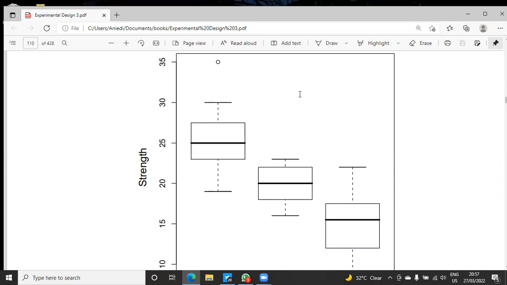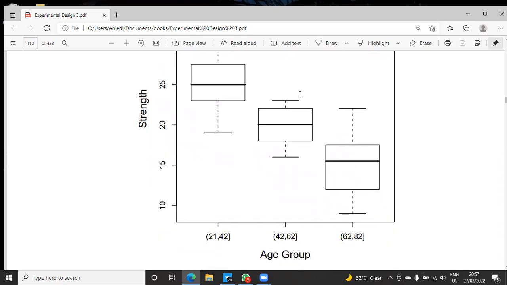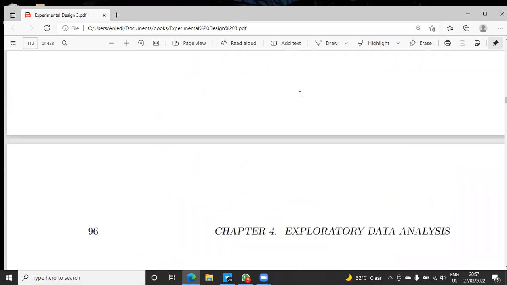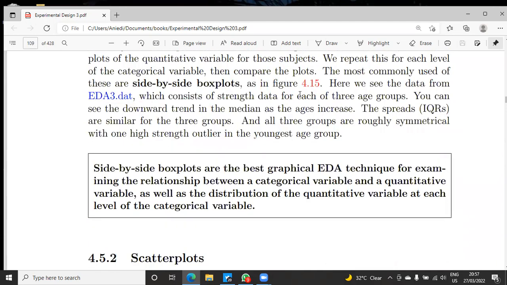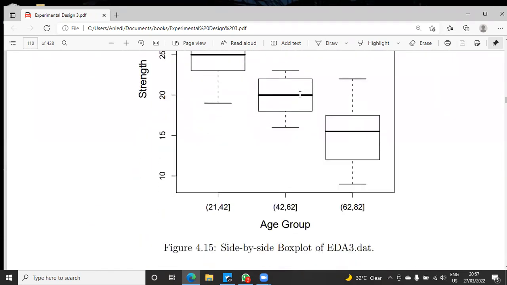In this particular example, they are testing strength of, I don't know what the data was, but I've seen they put age group here.